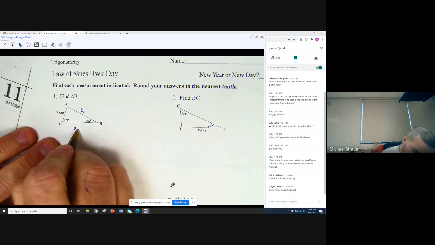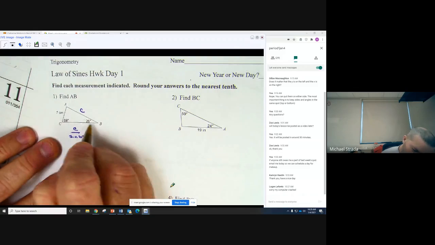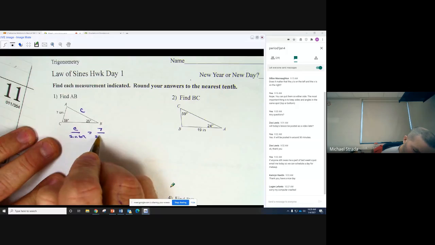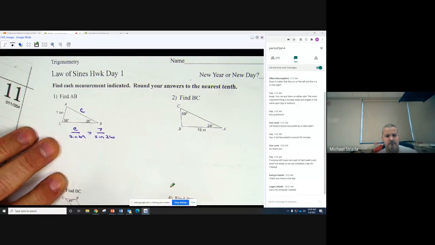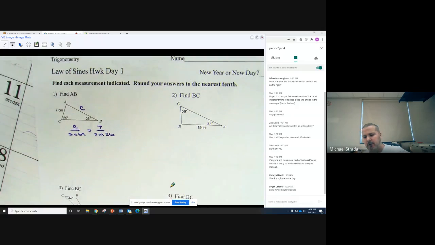So c over sine 69 equals 7 over the sine of 26. And then all I need from there is the answer, so that's what I would expect to see. So that covers 1 through 4.